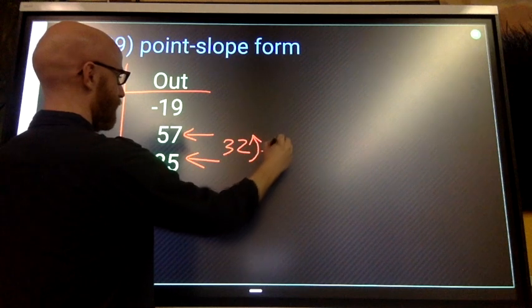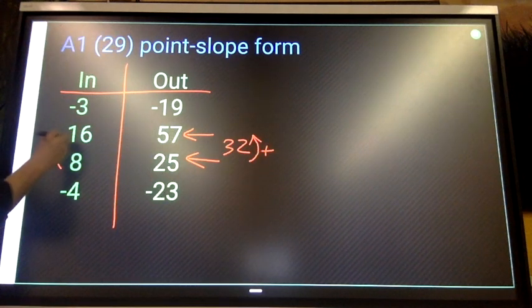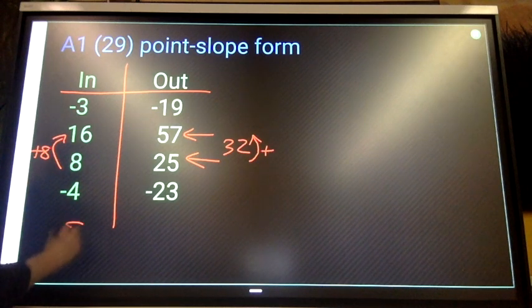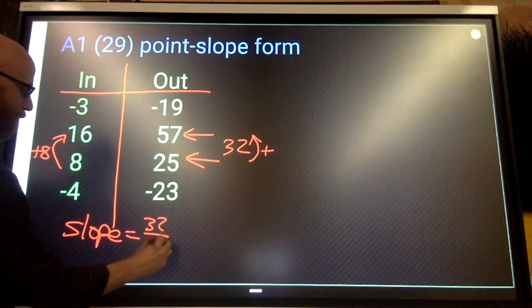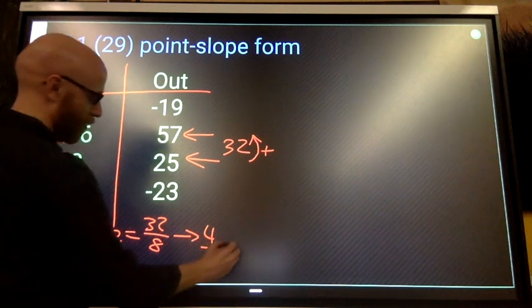Alright, up 32. From there to there, the distance from 8 to 16 is plus 8. So my slope for this situation will be 32 over 8, which is just 4/1, or 4.